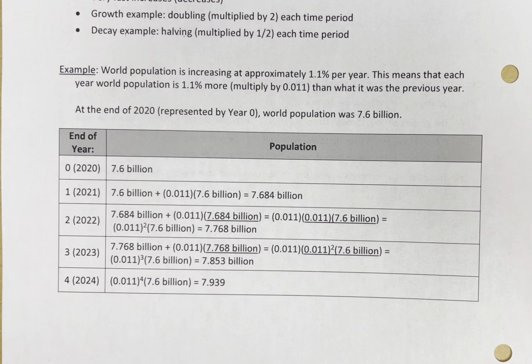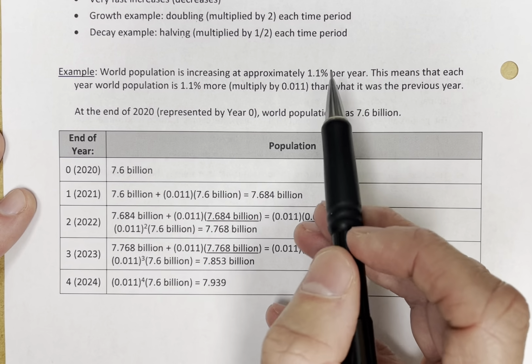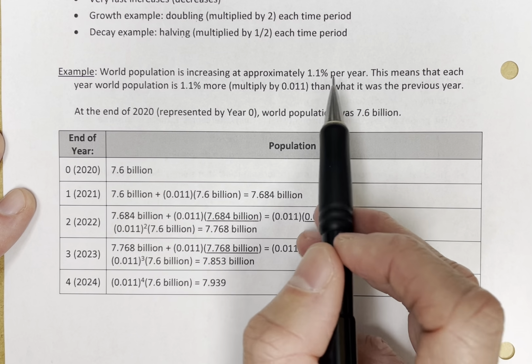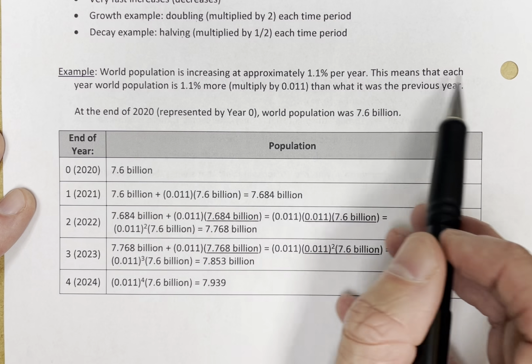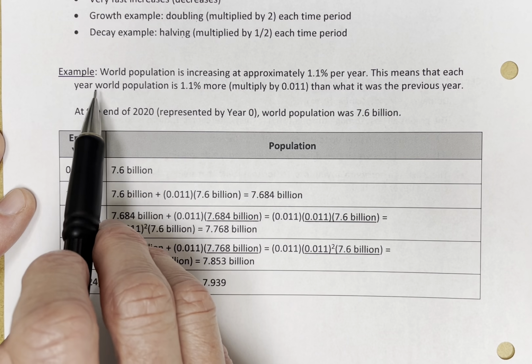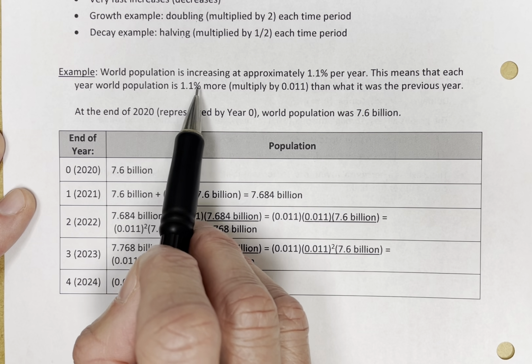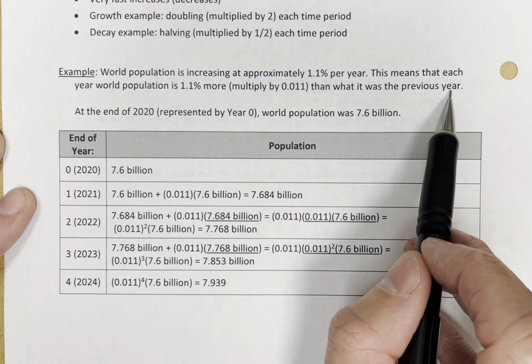As we know, our world population is increasing, and from a source I found, it's increasing at approximately 1.1% per year. What this means is each year the world population is 1.1% more than what it was the previous year.